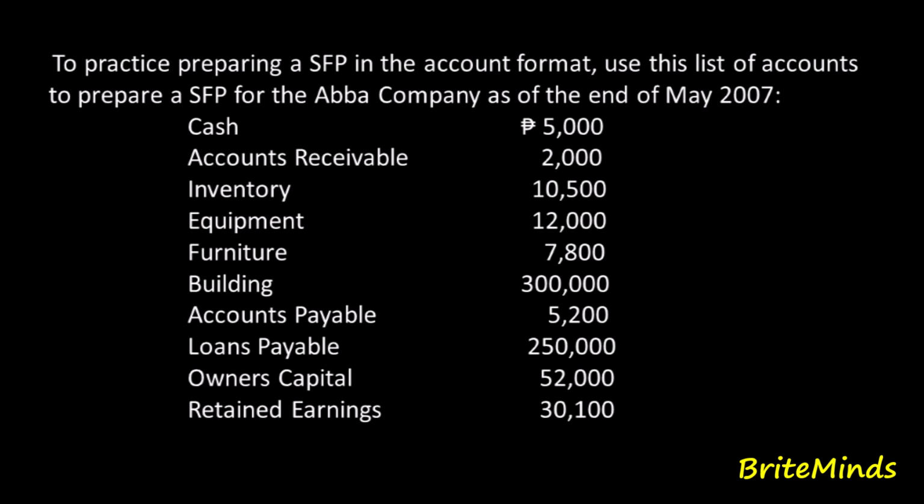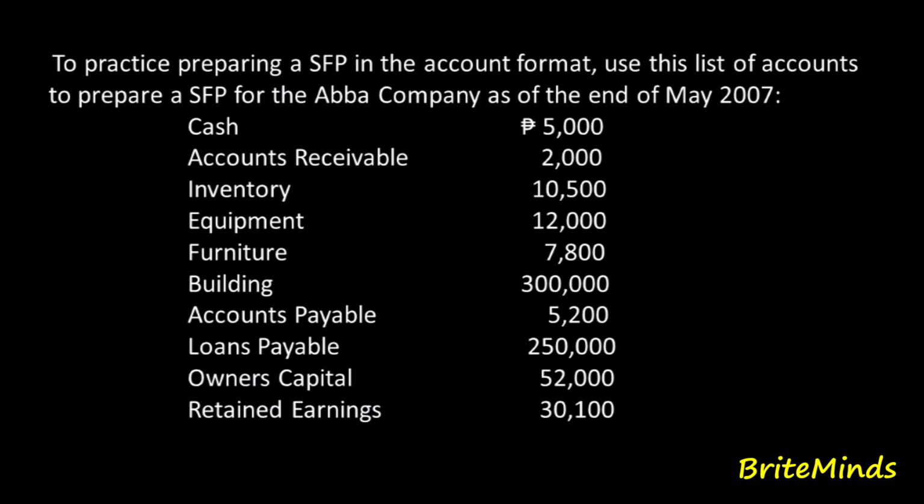To practice preparing a statement of financial position in the account format, use this list of accounts to prepare an SFP for the ABA company as of the end of May 2007. So we can see the accounts below.